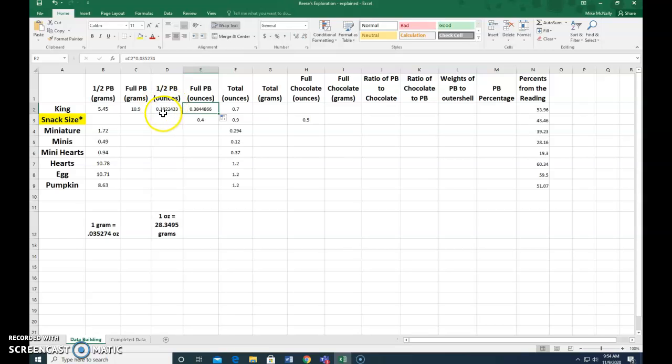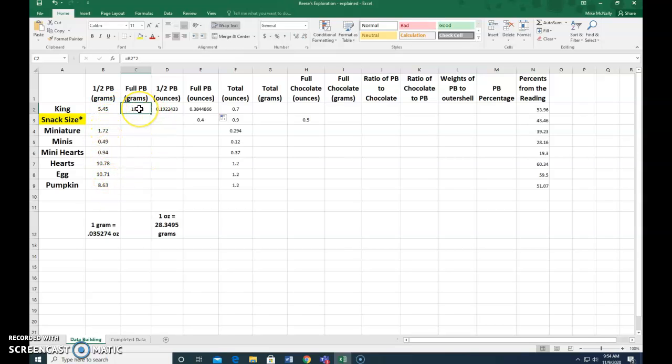Now, the beauty of Excel is that for all my other stuff in this part of the spreadsheet, I don't have to do this anymore. Now, if that formula, B2 times 2, this number times 2, gave us the full amount of peanut butter, half the peanut butter, all the peanut butter, 5.45 times 2, well, if that worked here, it's going to work for all the rest of these.